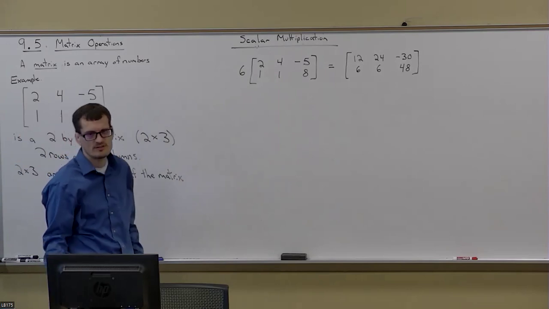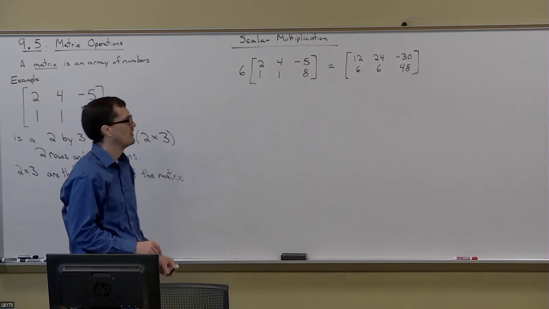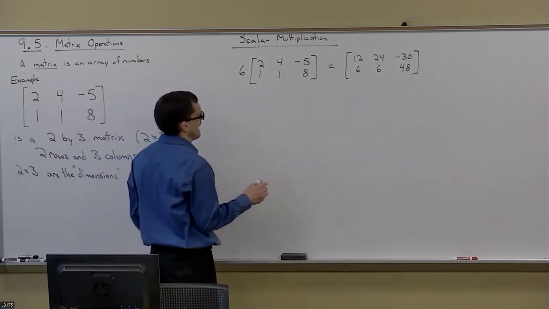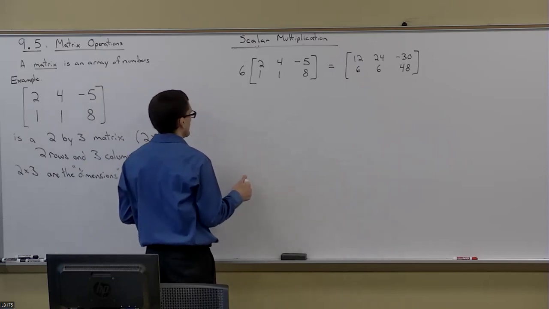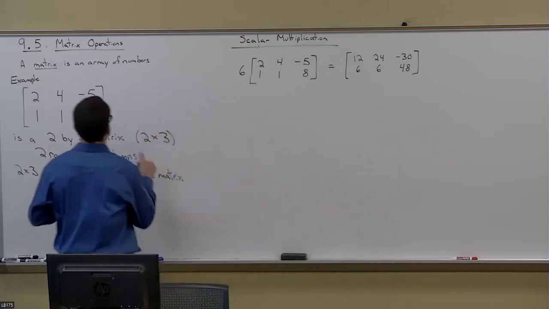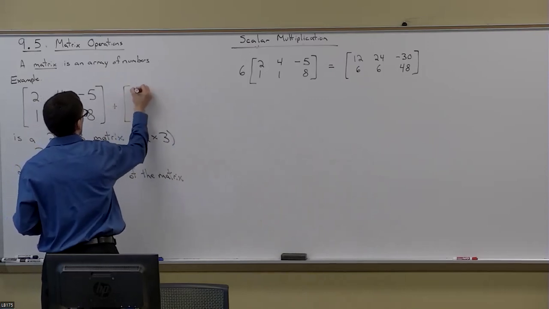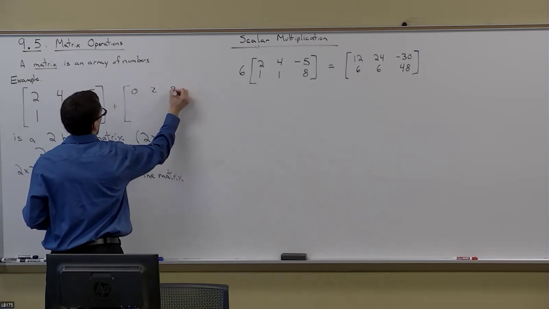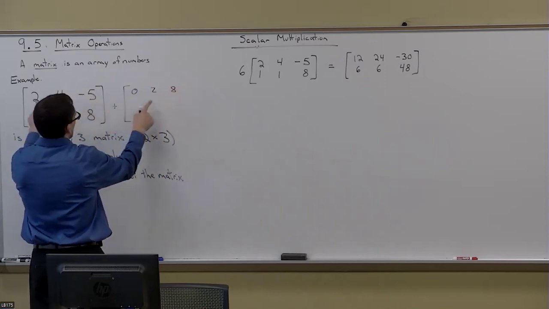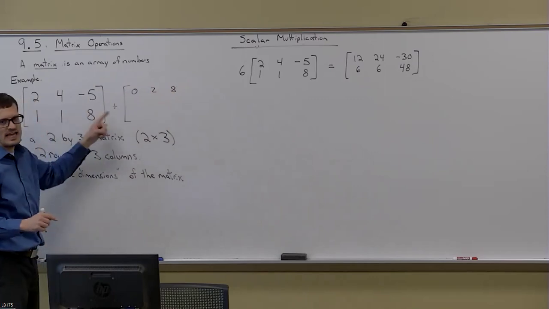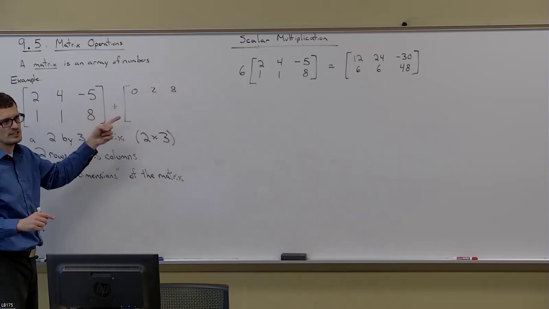By the way, hopefully you notice that when you're adding a matrix plus another matrix, since adding real numbers is commutative and associative, adding matrices is also going to be commutative.